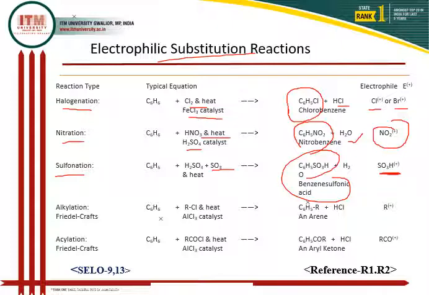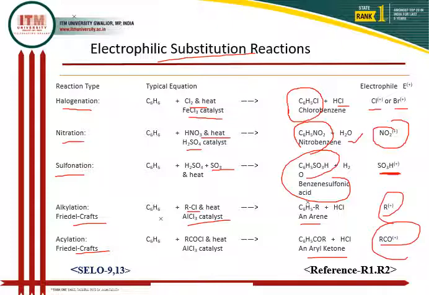The Friedel-Crafts alkylation reaction, and even acylation reactions. In alkylation, we have the alkyl group in the presence of aluminium chloride as the catalyst. We have the arene, and here it forms the aryl ketone. Here the electrophile is RCO plus, and here the alkyl R plus.